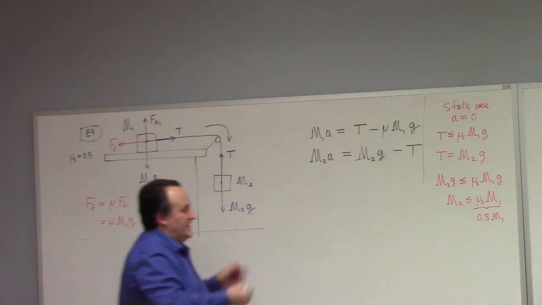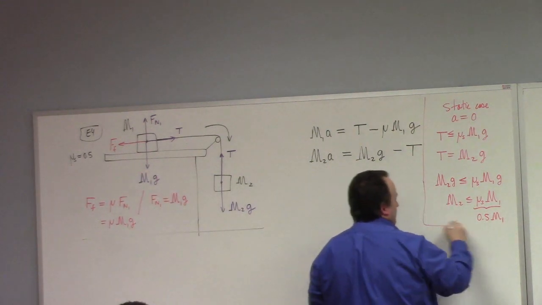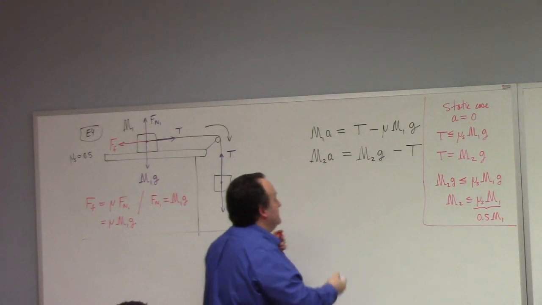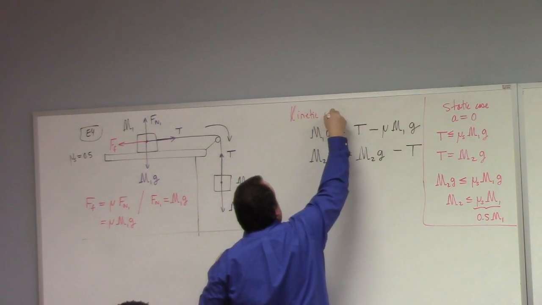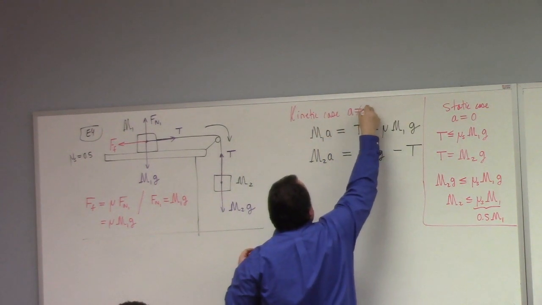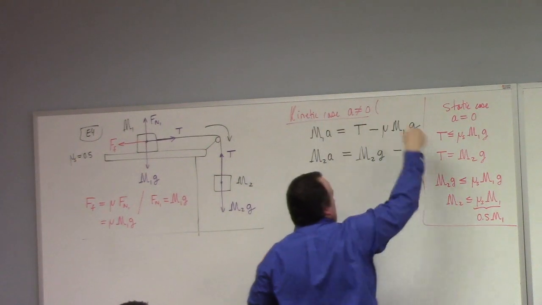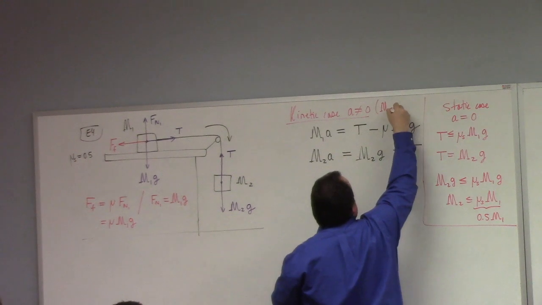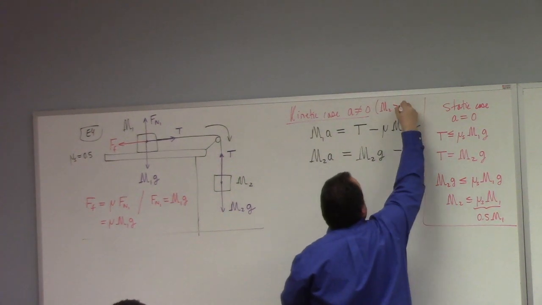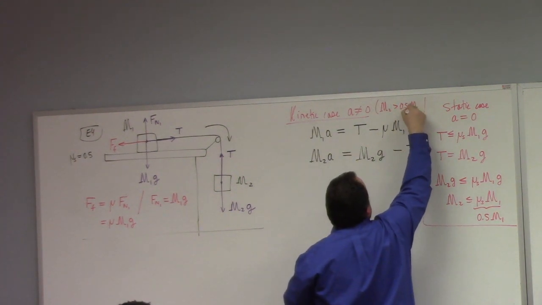Okay, so let's stop with the static case and start with the kinetic case. Kinetic case, a not equal to 0, right? So I think we could say m2 greater than 0.5 m1 would put us in the kinetic regime, right?